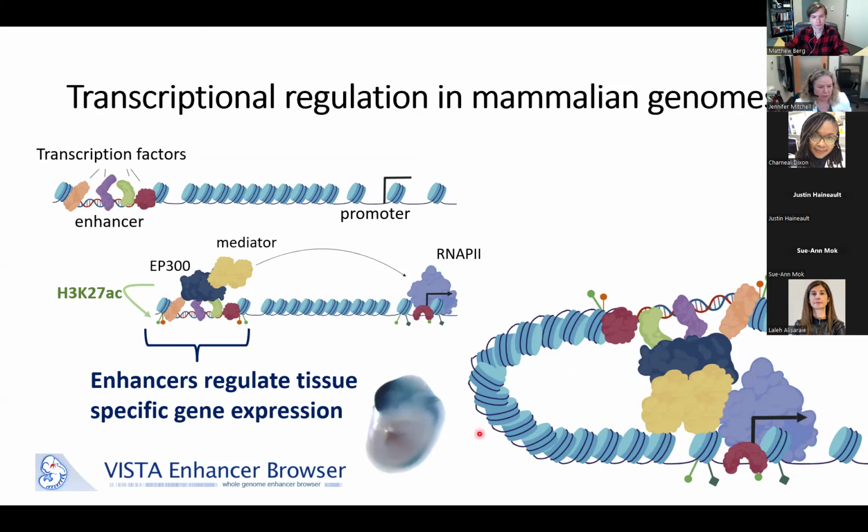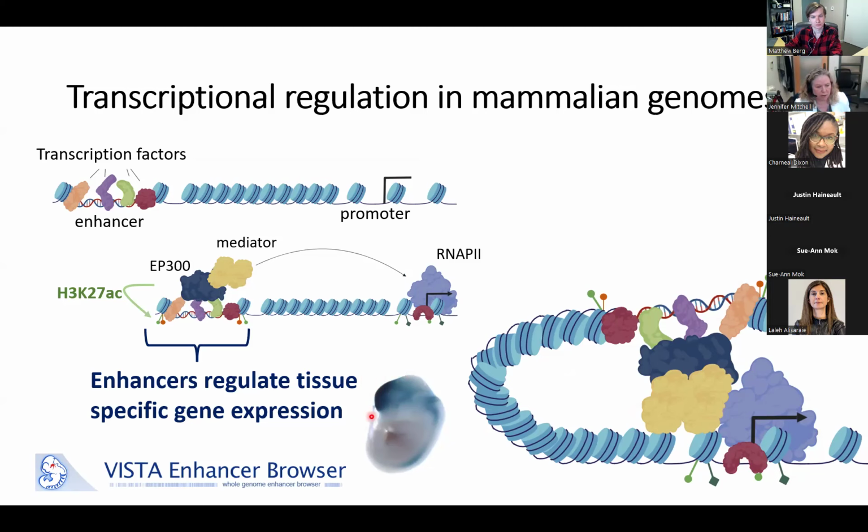I mentioned previously that enhancers are really important in regulating tissue-specific expression. They're thought to be the main mediators of tissue-specific expression, rather than the gene promoter that might cause low-level expression in a wide variety of contexts. In contrast to that, enhancers can be highly tissue specific.